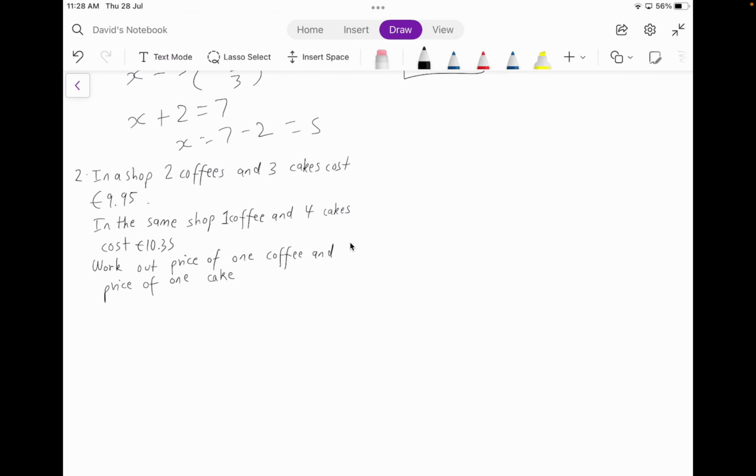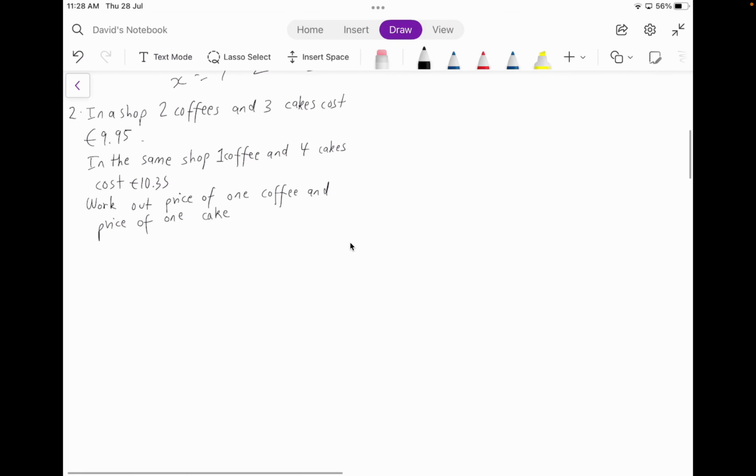This is like a word problem question, so you have to think around this a bit. We can say let coffee's value be x, and let cake's value be y.